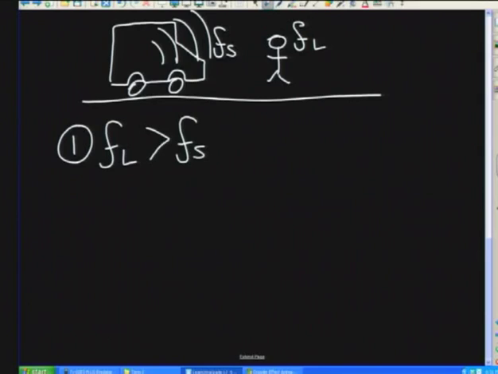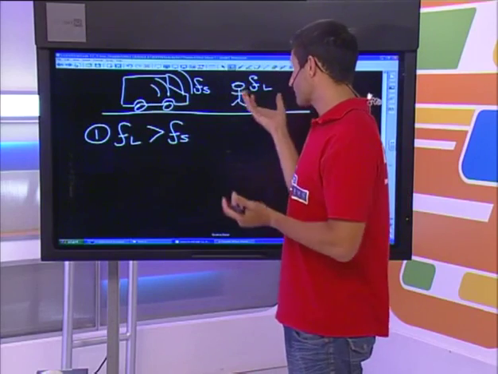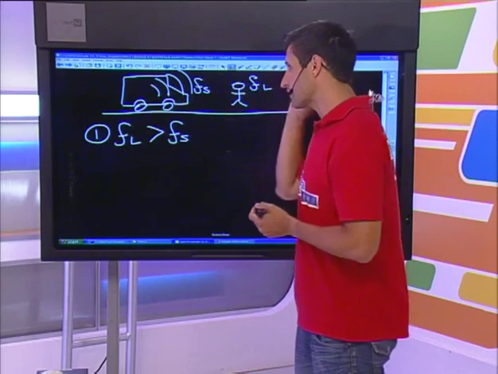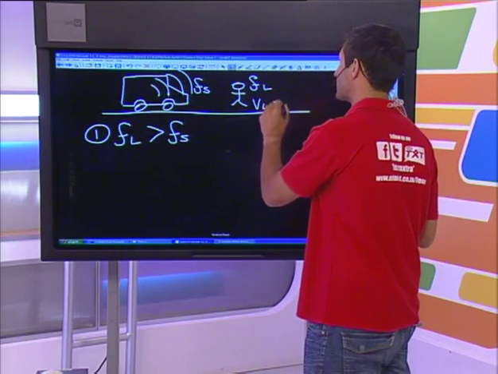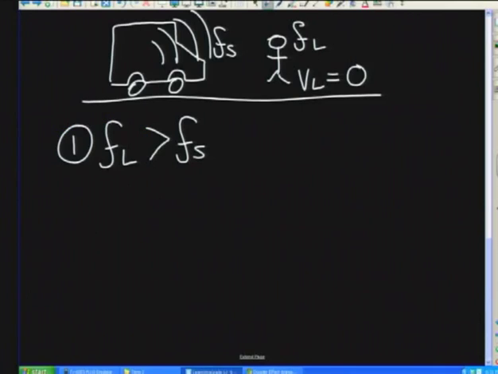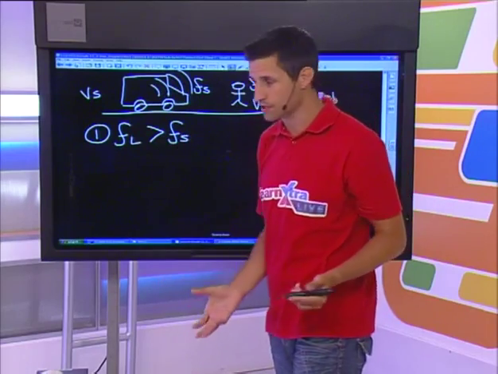Now something else important: let's make the velocity of our listener 0. Let's not move him. This is how most of your questions will be, that your listener will not be moving. However, I've got a velocity of my source, and that's why the Doppler effect is happening. We've got a moving object giving off waves, and that's going to change the frequency.